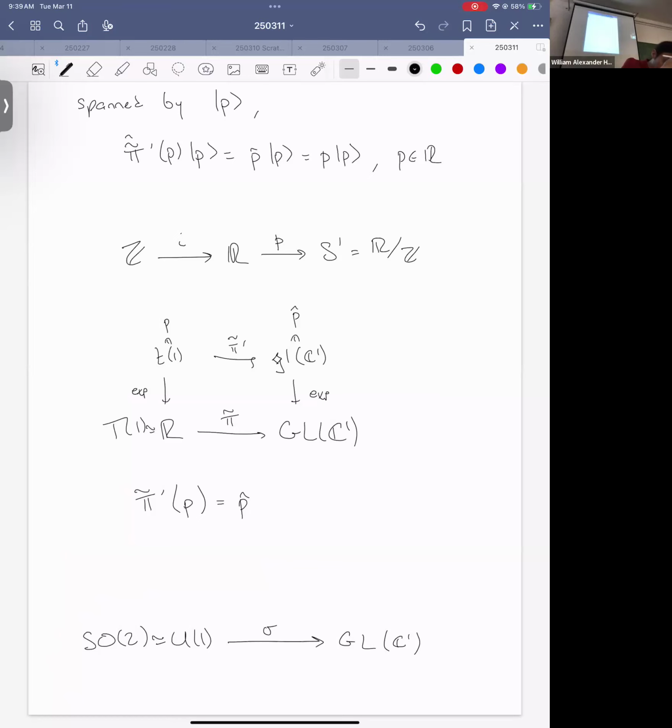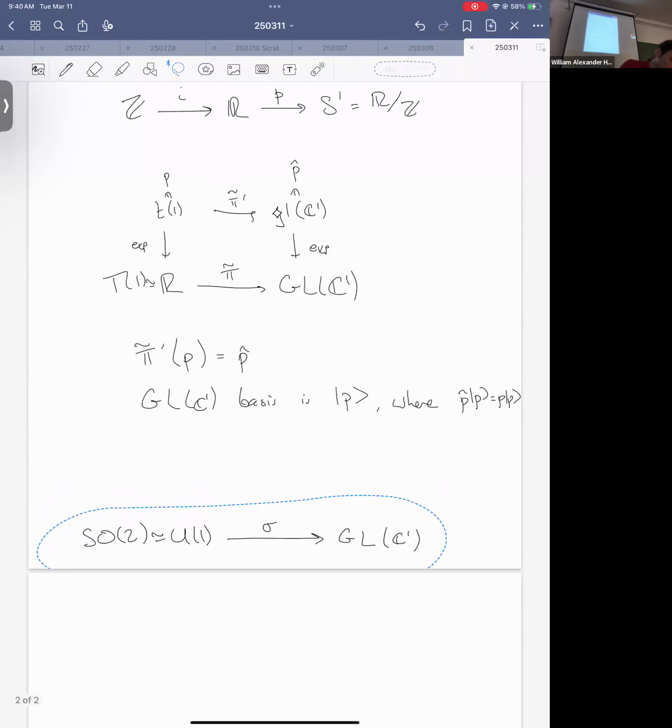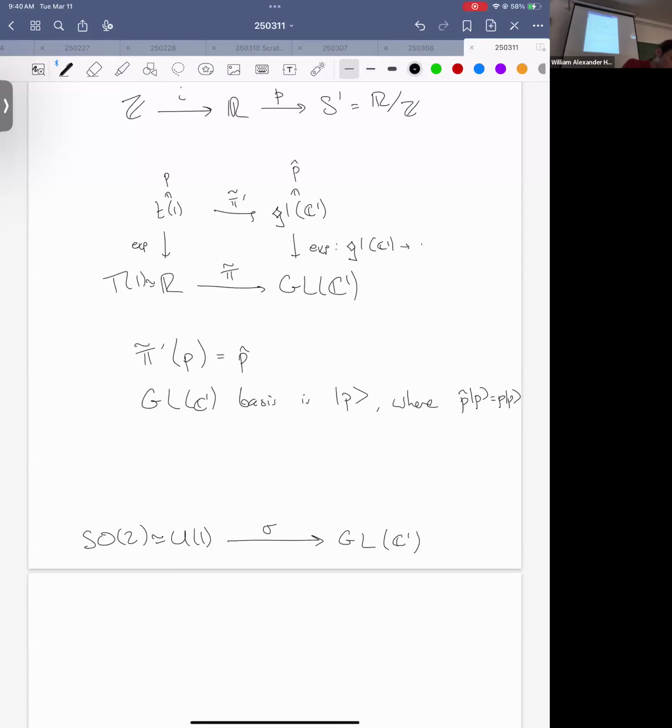And then I have that my GL C1 basis is given by the P eigenket, where P hat on P is P. And so this exponential map here from the GL C1 to GL C1 takes me from P hat goes to e to the minus IA P hat.